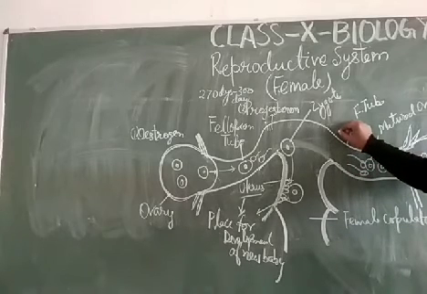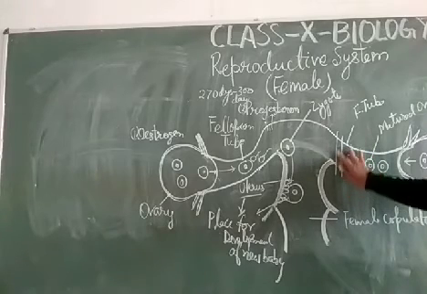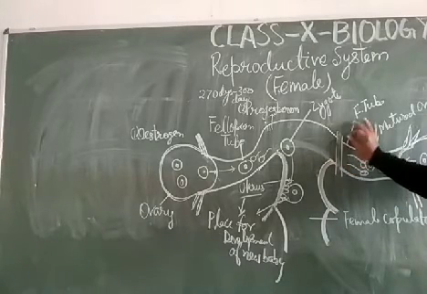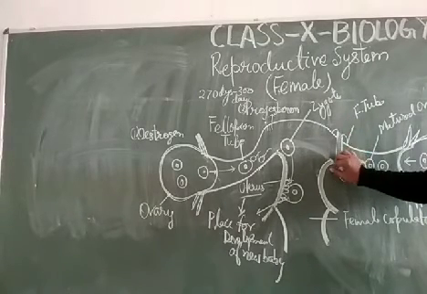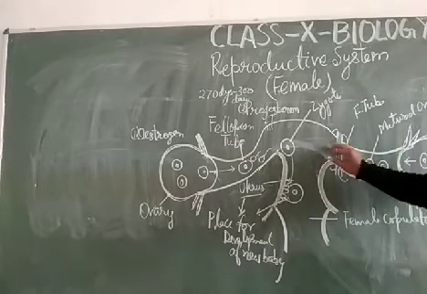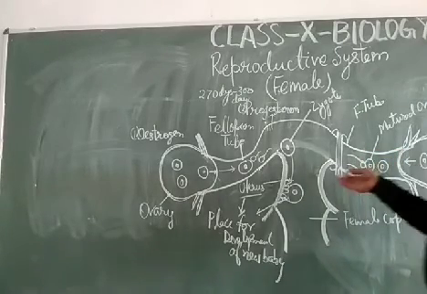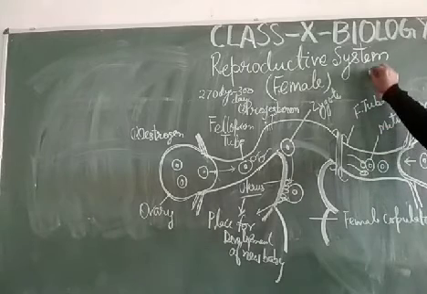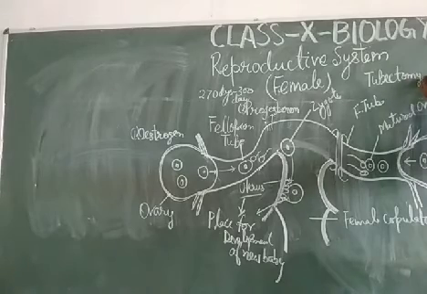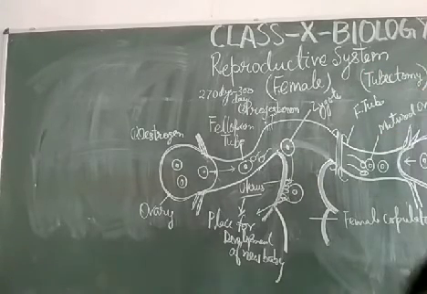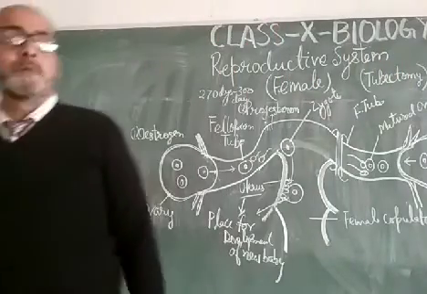If in a surgical procedure the fallopian tube gets cut and sealed here, then there will be no flow of the male gamete and ovum, so the chances of fertilization will be 0 here, and this process is called tubectomy. So tubectomy is the female surgical procedure for the birth control of the human population.